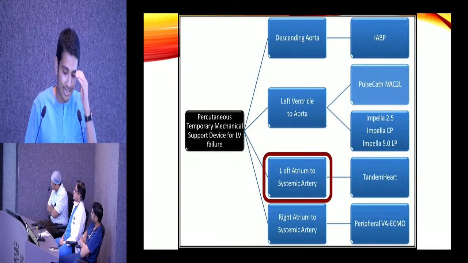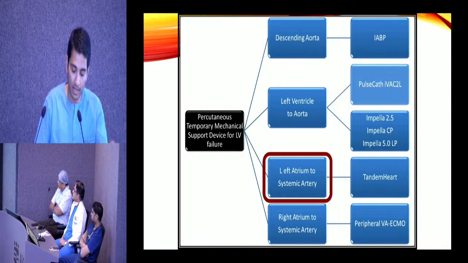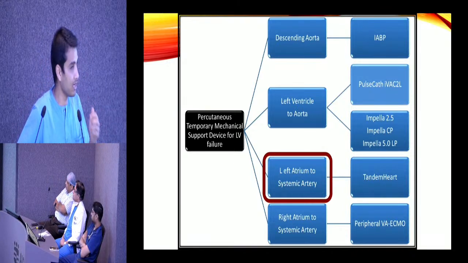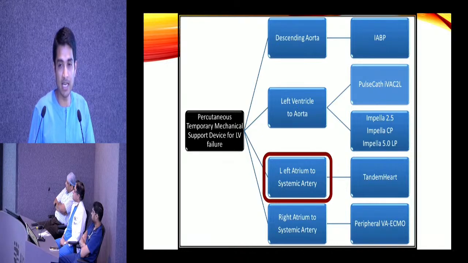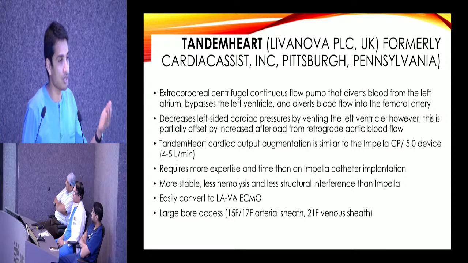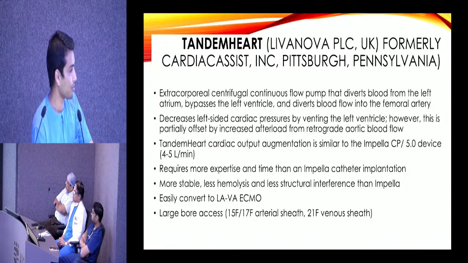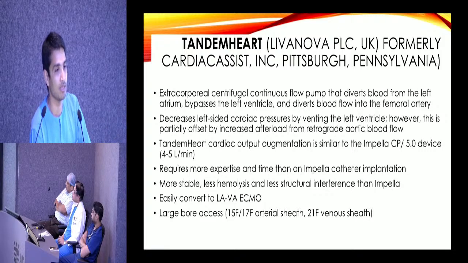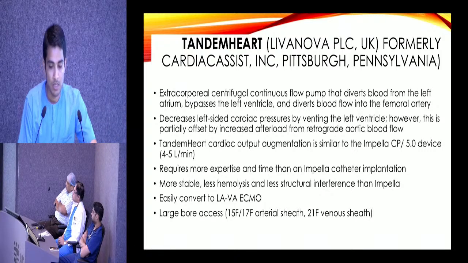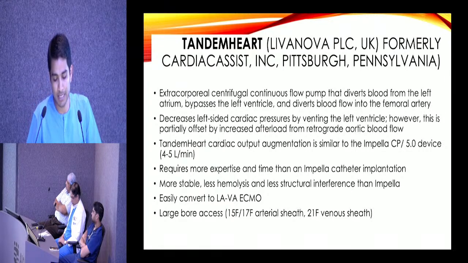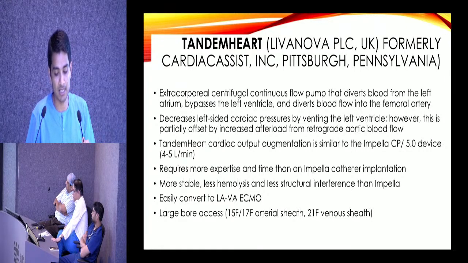We'll move on to the Tandem Heart, which I think this audience in India is not going to be familiar with. But the idea is, again, you're trying to unload the LV. You're taking an inflow cannula in the left atrium, bypassing the LV and dumping that blood out into the aorta. This was designed in Pennsylvania by a company called Cardiac Assist, and it's now acquired by LivaNova in the UK.